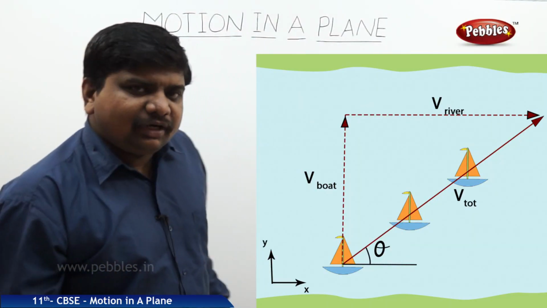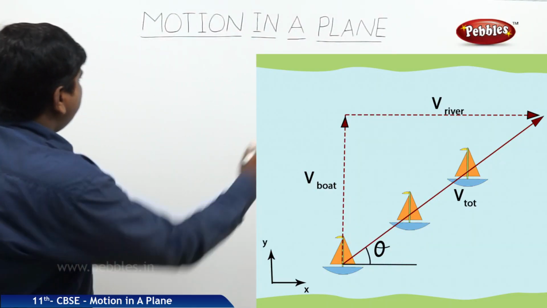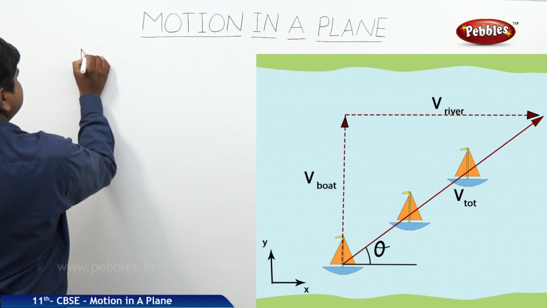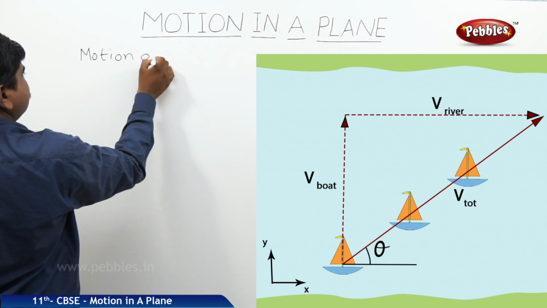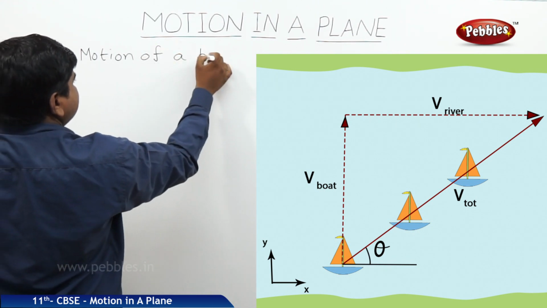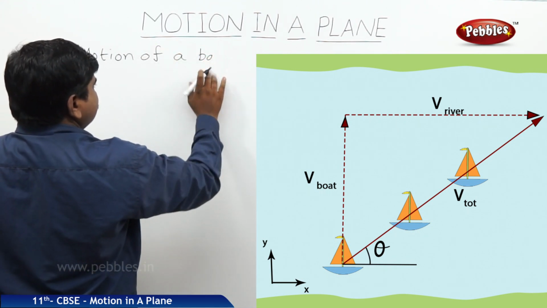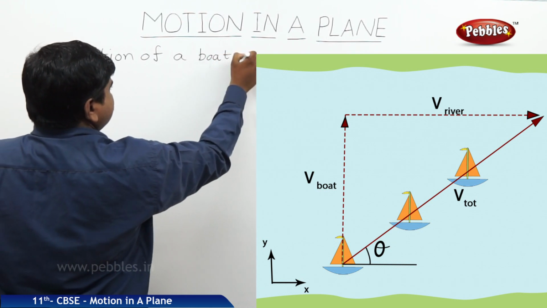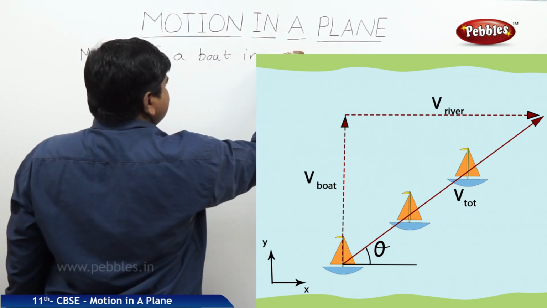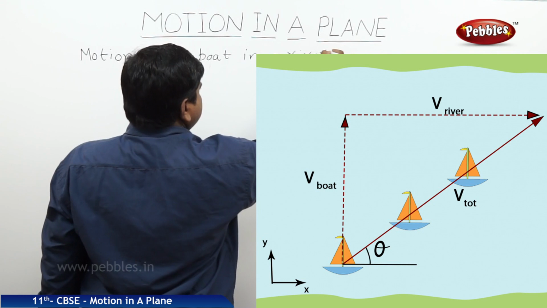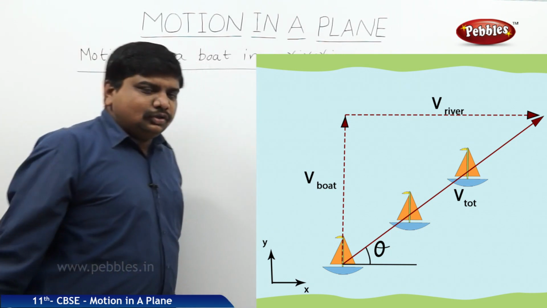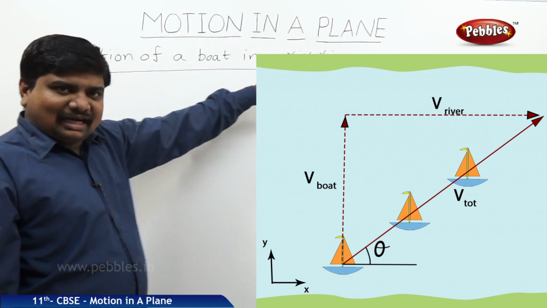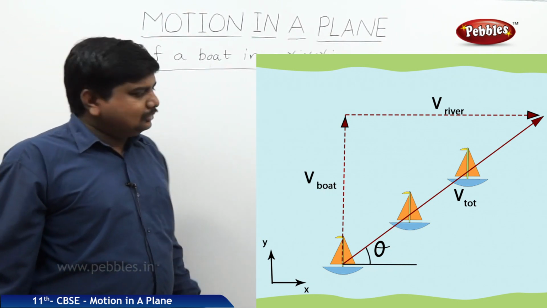The next concept we are discussing in the lesson is motion of a boat in a river. So we know this river traveling or river riding.